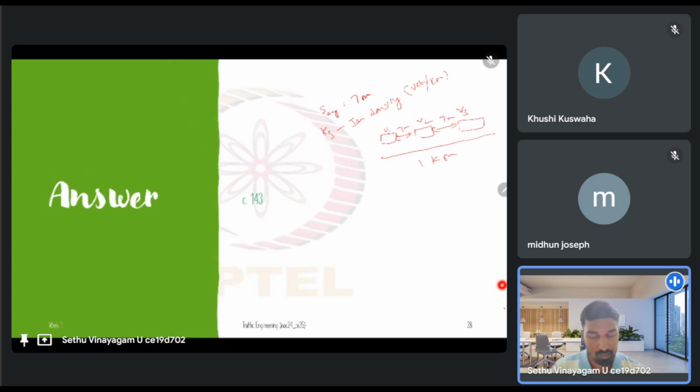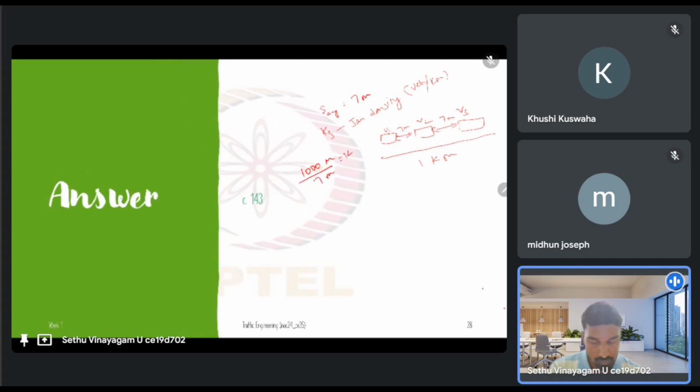For every pair of vehicles, the gap between them is 7 meters. So to know how many vehicles are there in 1 kilometer, we need to find out how many 7 meters are there. In 1 kilometer, which is 1000 meters, how many 7 meters are there?